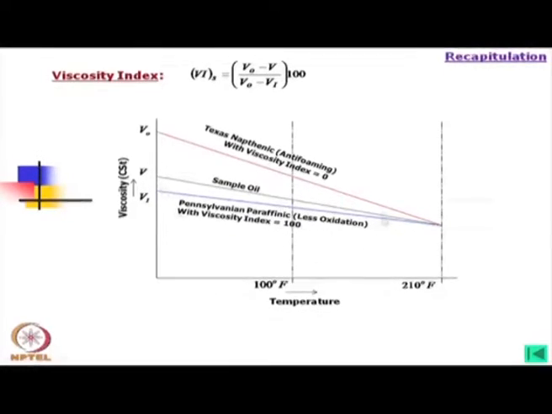In the USA, Pennsylvania paraffinic is an oil with a low viscosity index, and Texas naphthenic has the highest, while the oil usually found is in between.